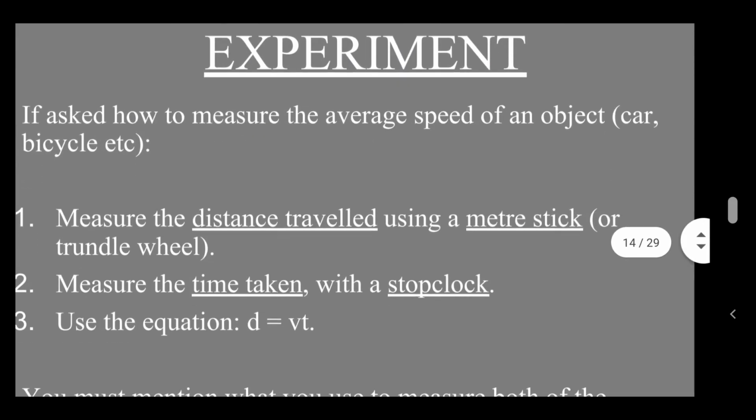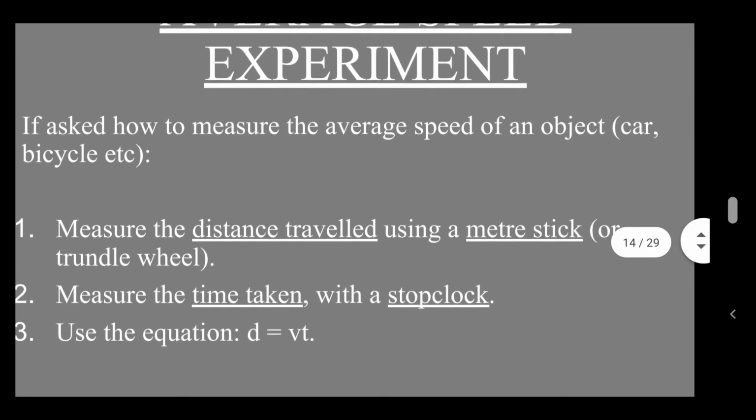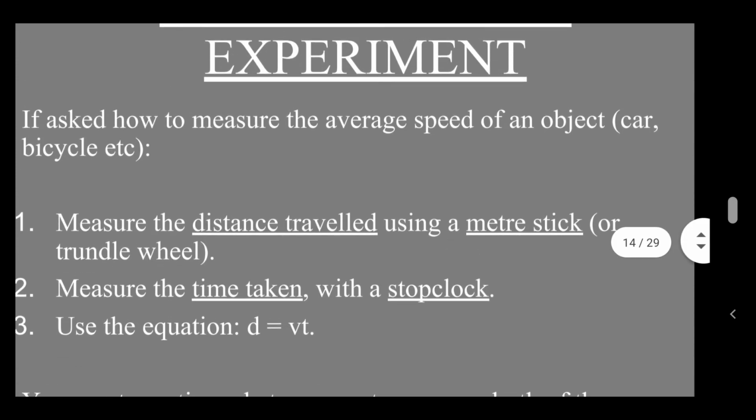Now, this is important. There will always be a question asking something about the average speed experiment, velocity, instantaneous speed experiment, or acceleration experiment. We're not looking at acceleration today, but you do need to know these experiments. So what would you have to do? 1, measure the distance travelled using a meter stick or trundle wheel. 2, measure the time taken with a stop clock.